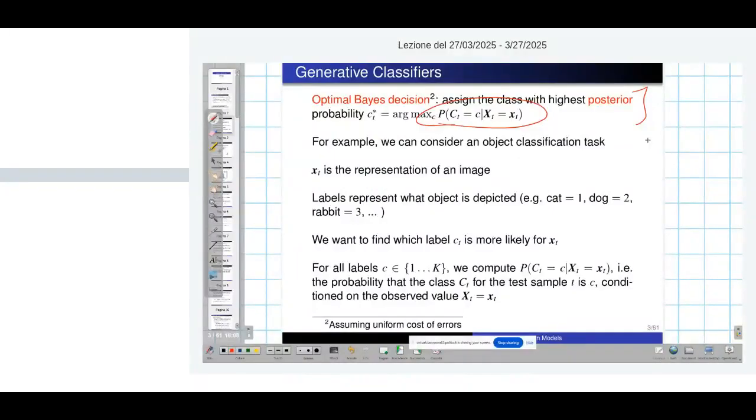Why? Imagine you have a problem where you have pictures of cats and pictures of dogs. You want to predict the class as cat or dog. If I tell you, so you have an image xt, if I tell you that the probability of cat given the image is 0.8 and the probability of dog given the image is 0.2, if you have to choose a label, which one will you choose?